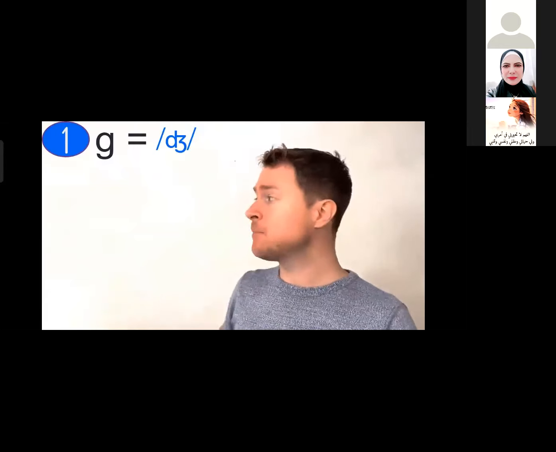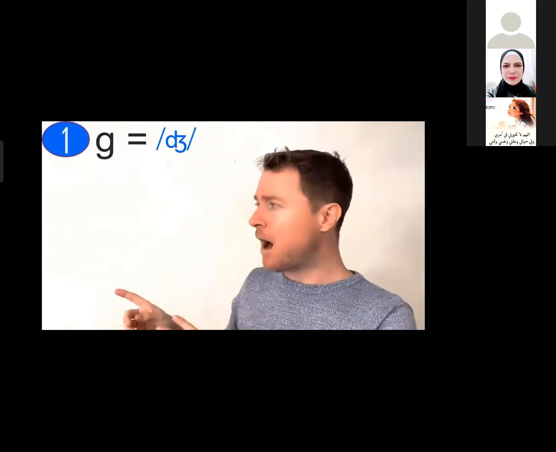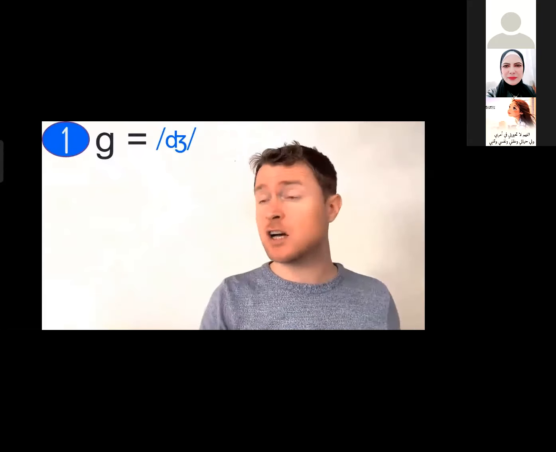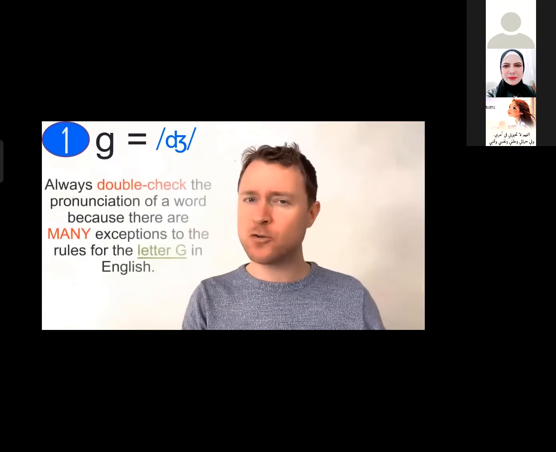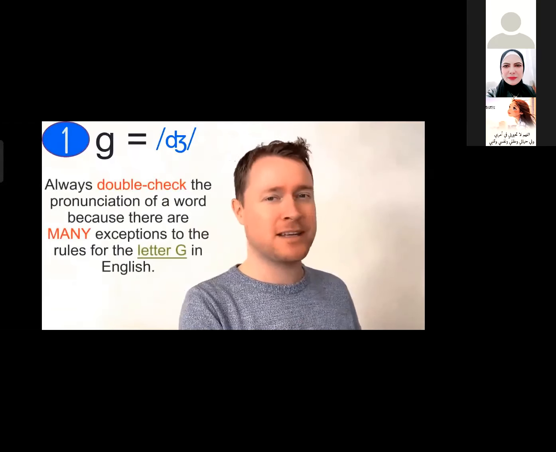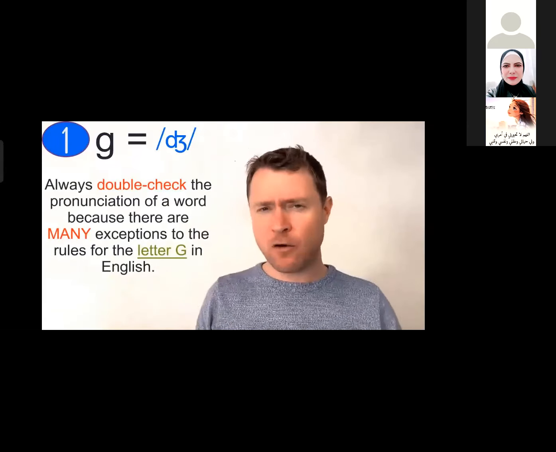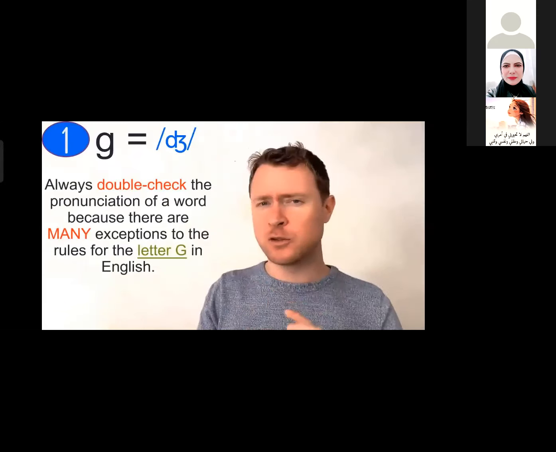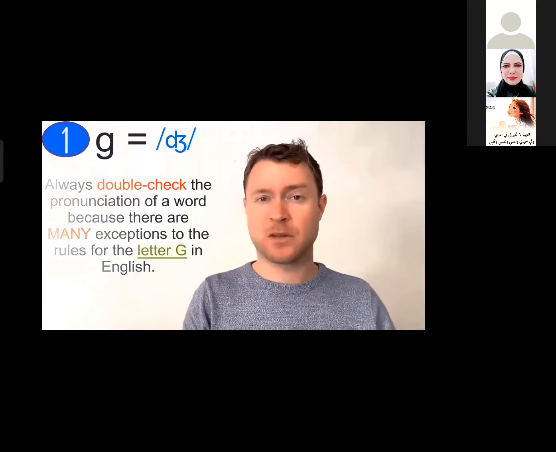So my advice is to watch this lesson and learn the rules, but if you're learning a new word that begins or contains the letter G, make sure you double check the pronunciation because this letter can be a little bit tricky. There are some general rules, but there are lots and lots of exceptions.